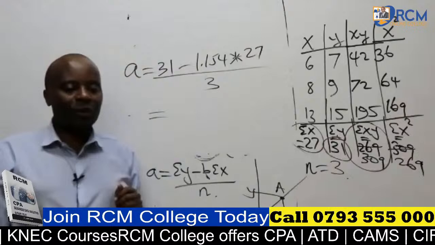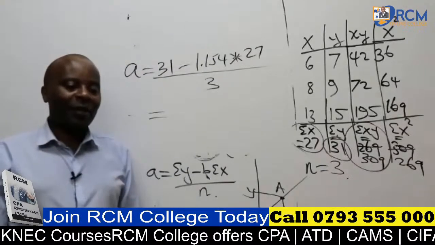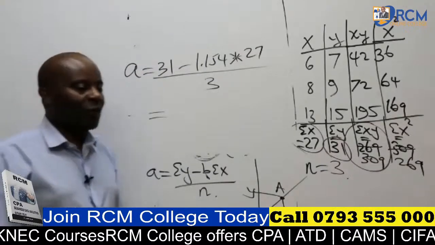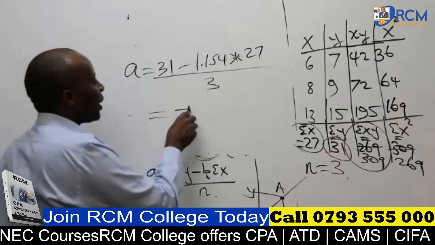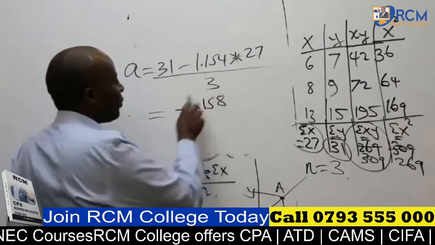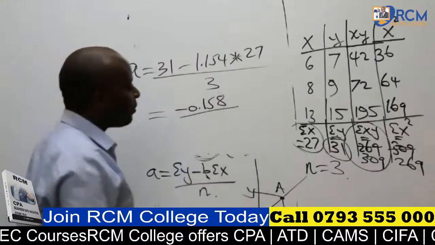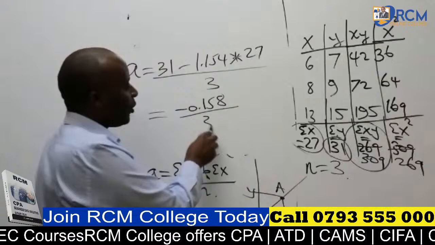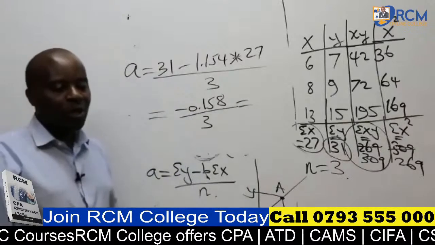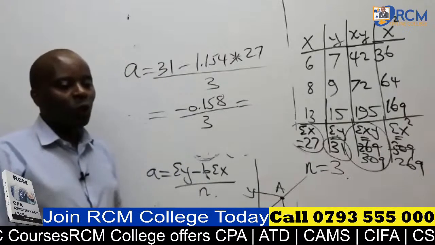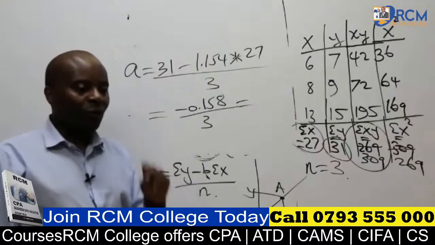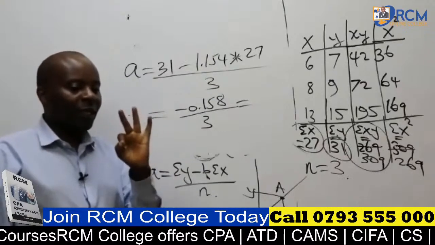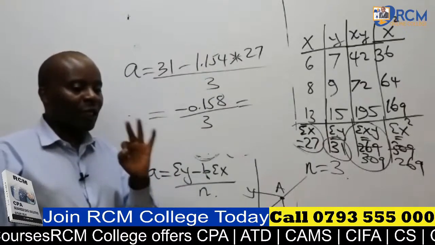Lynn has given me negative 0.158. So somebody tells me that the numerator is negative 0.158. Divide this by what here? By 3. Divide this by 3, and I expect you, great students of mine, to give me the final answer in terms of 3 decimal places.